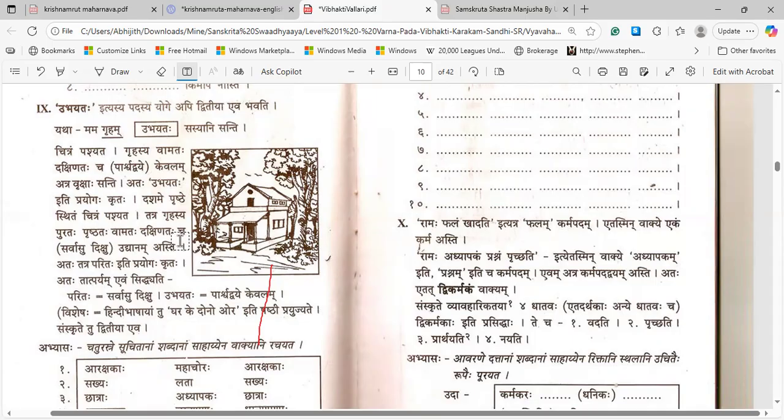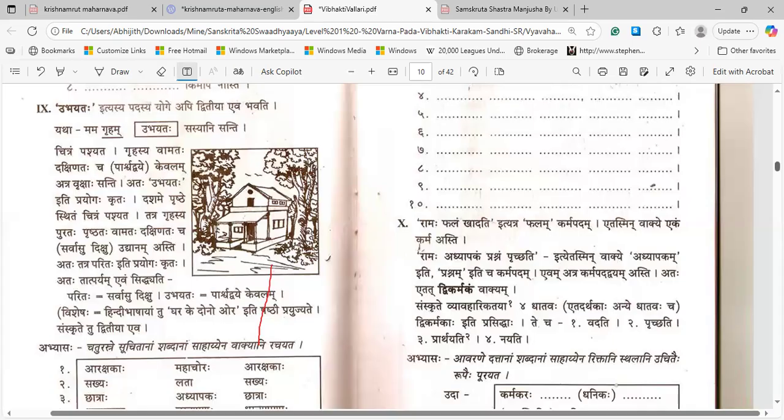Ataha tatparyam evam siddhyati. That means from this the conclusion is so much. Paritaha is used when sarvasu dikshuhu, in all directions you are surrounded. Ubhayataha parshvadvaye kevalam, right and left. Okay. So Visheshaha, that we don't need. Anyway, that is just comparison with the Hindi language.